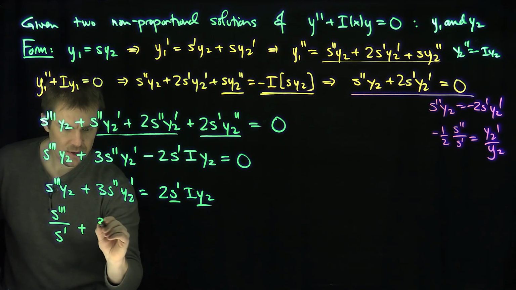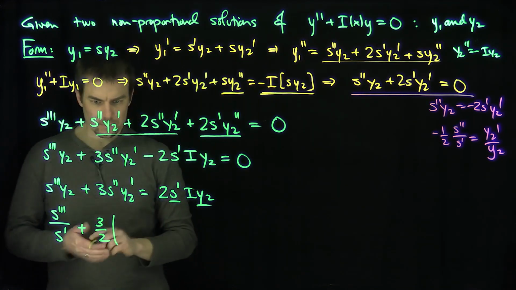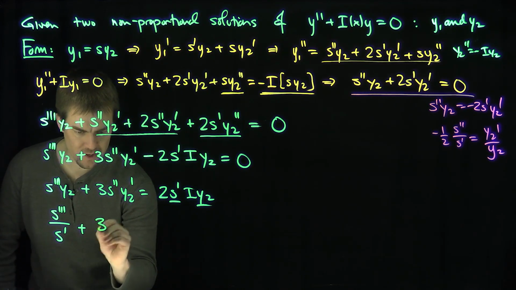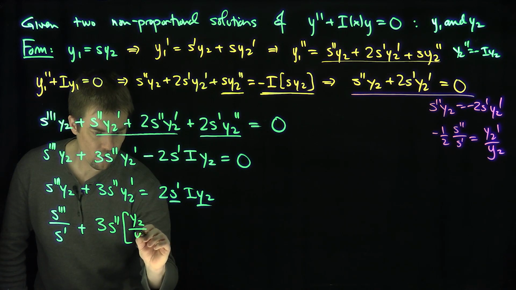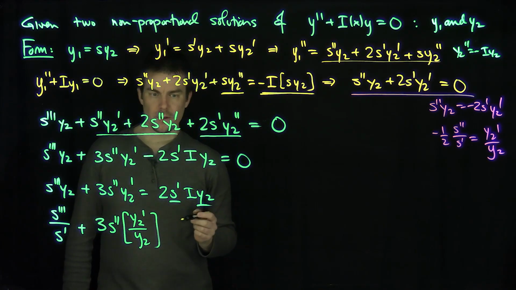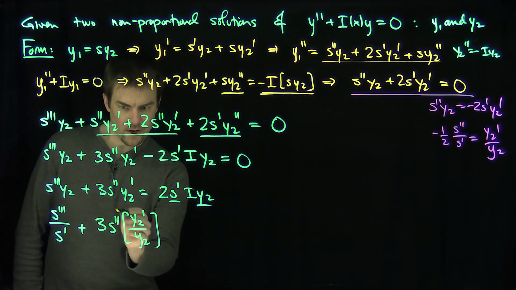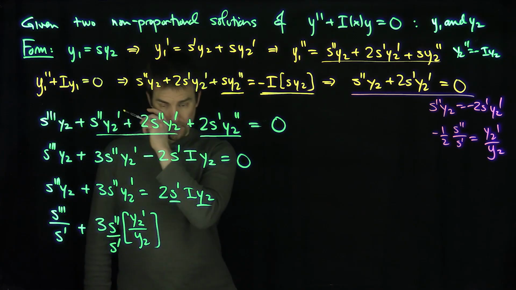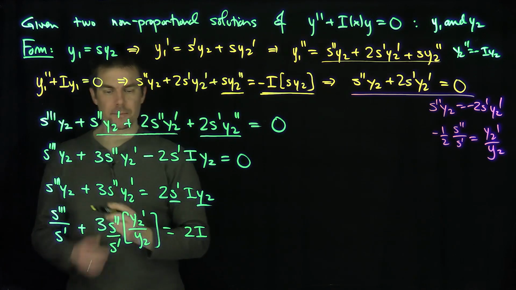Then I'll have plus 3, excuse me, I'll have a 3 with an s double prime, so 3 s double prime, and then y2 prime over y2. And I also divide by s prime over here, like that. Now this is equal to what? This is equal to 2 times I.